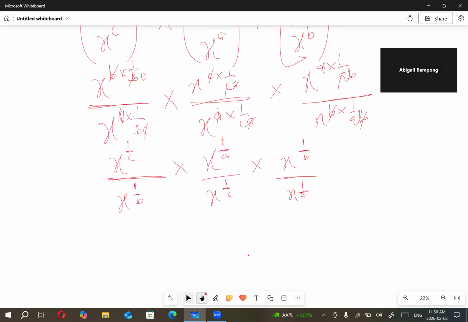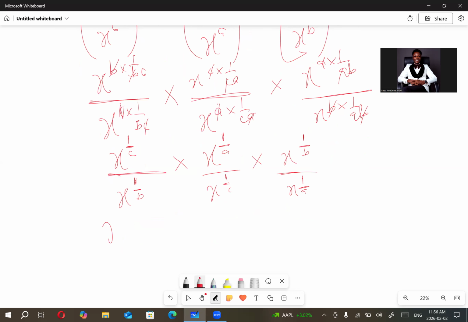Now, the bases are the same. So I'll pick one. I'll subtract the powers: 1 over c minus 1 over b. Then I'll subtract the powers: 1 over a minus 1 over c. Then I'll subtract the powers: that is 1 over b minus 1 over a.